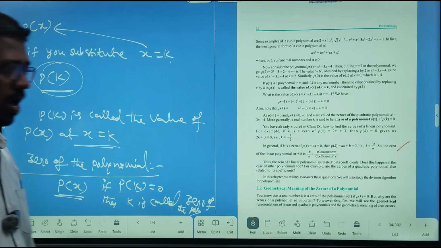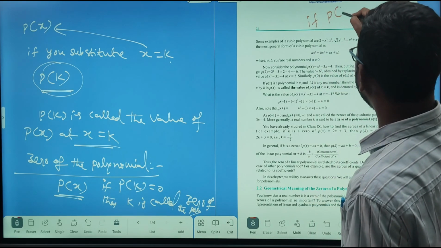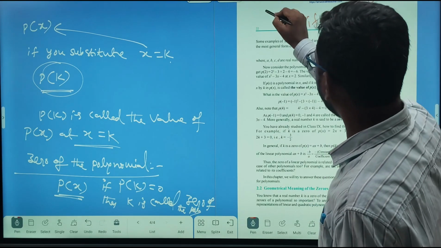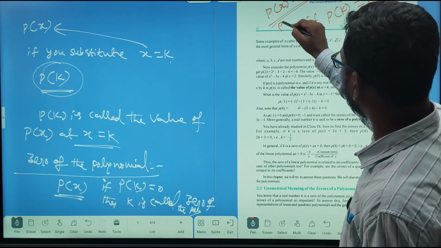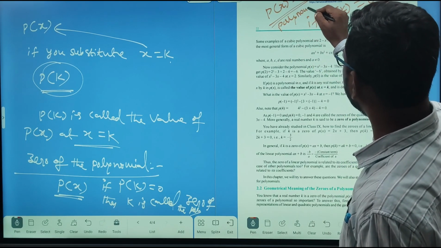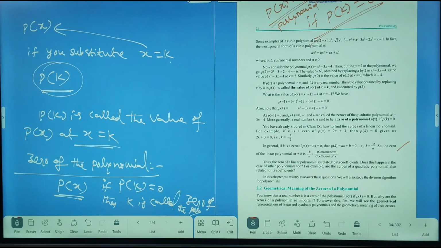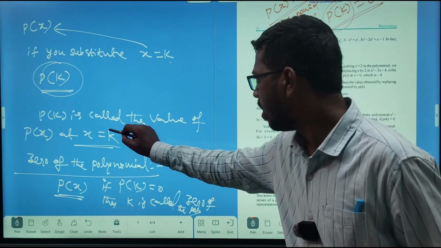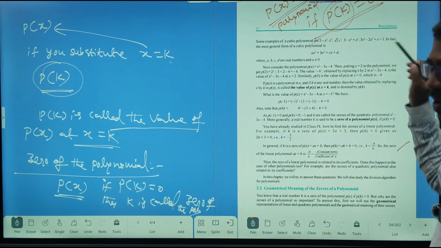Again I am saying here, if p of x is the polynomial and p of k is equal to 0, how do we obtain p of k? By substituting x is equal to k in the given polynomial p of x. P of k is called the value of p of x at x equal to k.